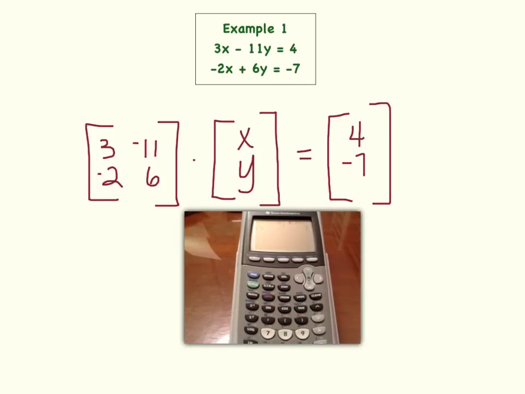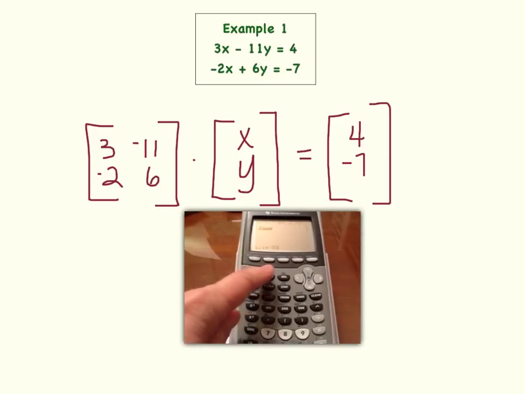Now, we're looking at the constant matrix, which is the one that has our 4 and negative 7. It's the third matrix that you've written, and that is 2 rows by 1 column. So you will enter 2, enter, 1, enter. It's a 2 by 1. Now I'm ready to enter those 2 constants, 4 and negative 7.